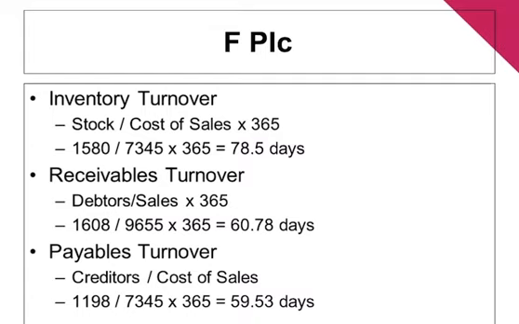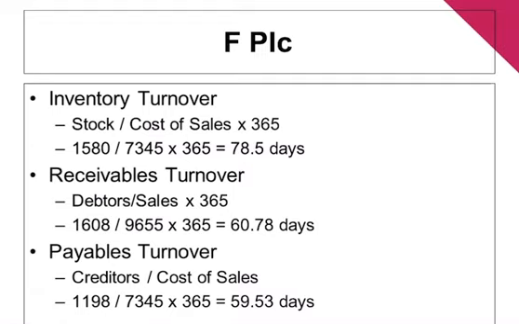Moving on, again using FPLC, this time it's a mixture of the income statement and the statement of financial position. Let's take the first one, our inventory turnover. You take your inventory number for FPLC from your handout, 1580.